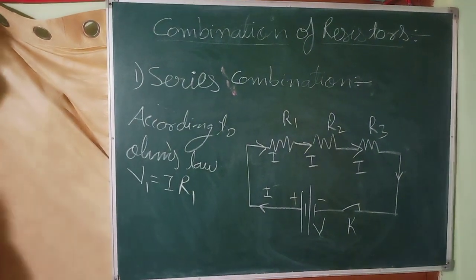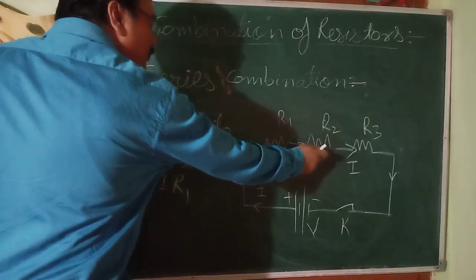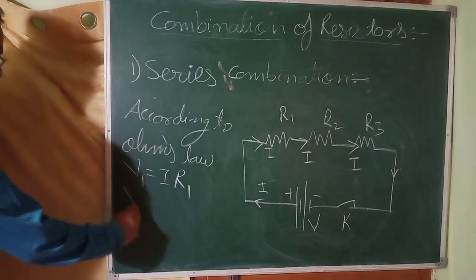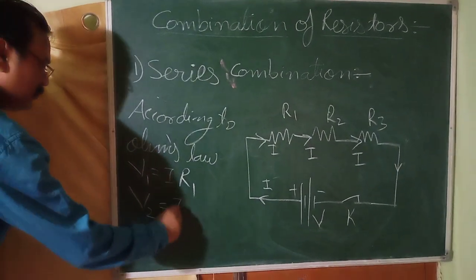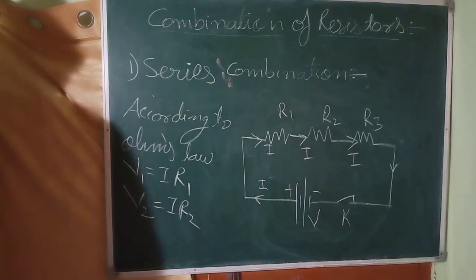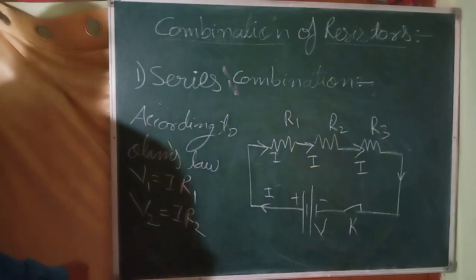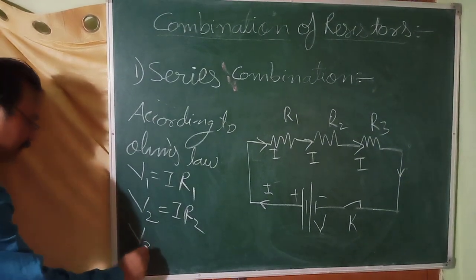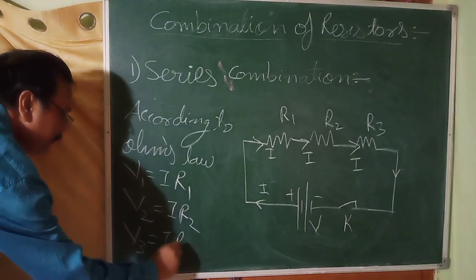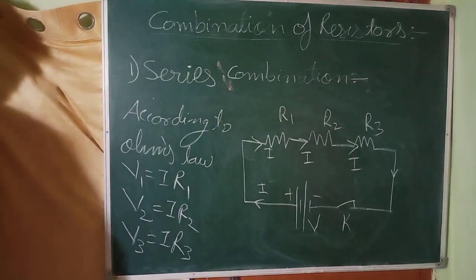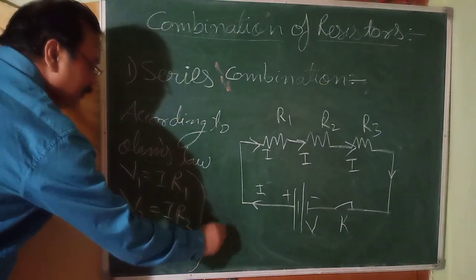Let the potential difference across this resistor be V2. So V2 is equals to IR2. Suppose the potential difference across this resistor is V3. So V3 is equals to IR3. Let us take this as equation number 1.